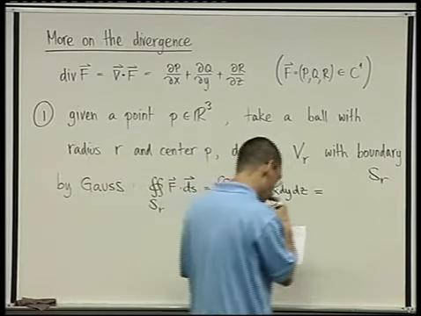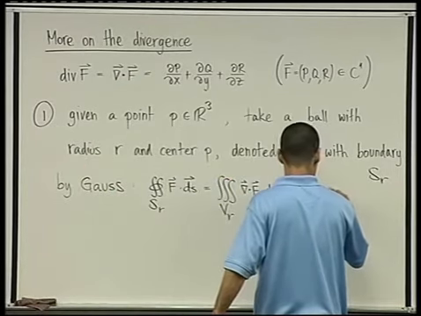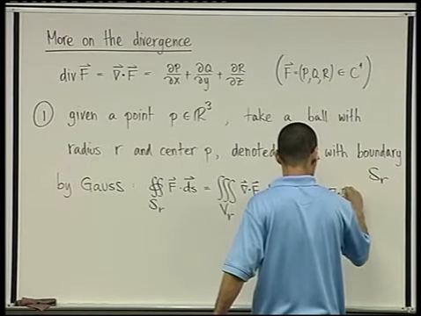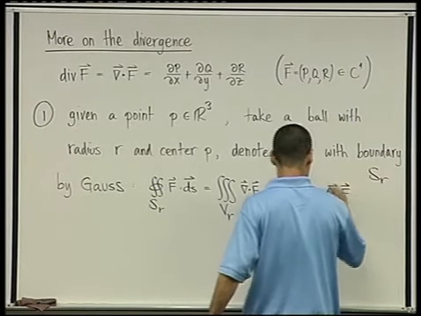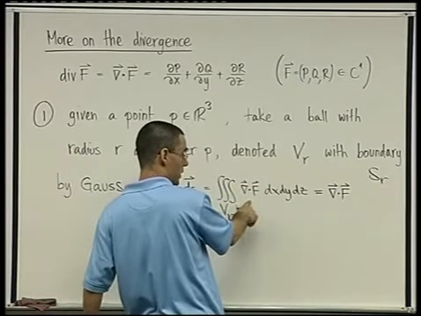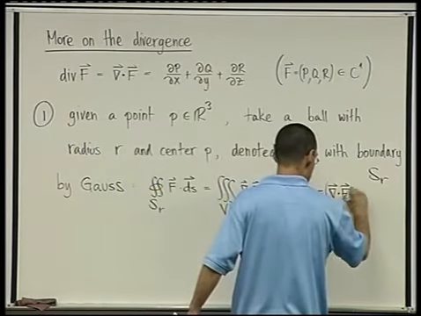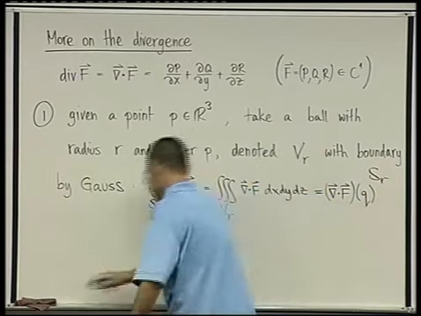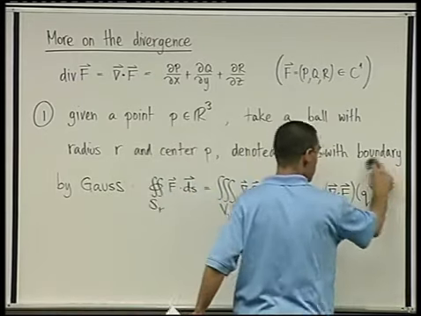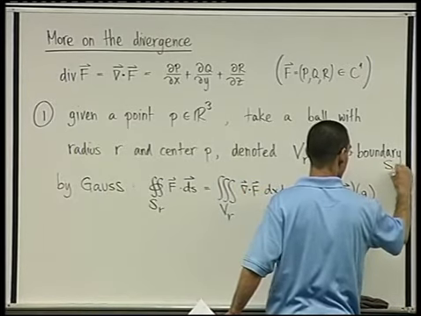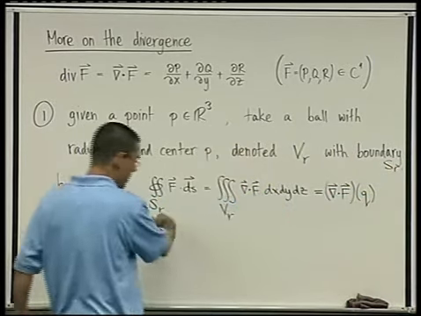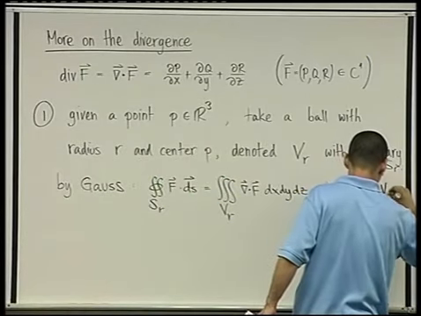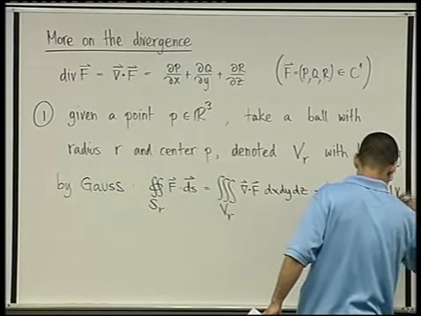So this equals the value of the function here, the divergence, that's the function we're integrating. The value of this at some point, let's call it Q, which lies inside the ball, times the volume of the ball.